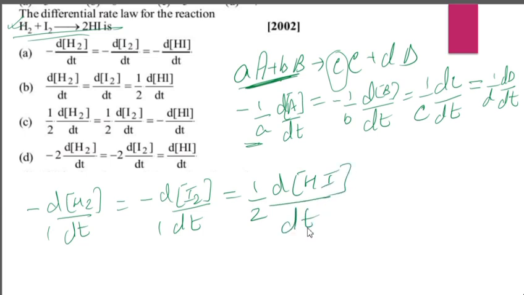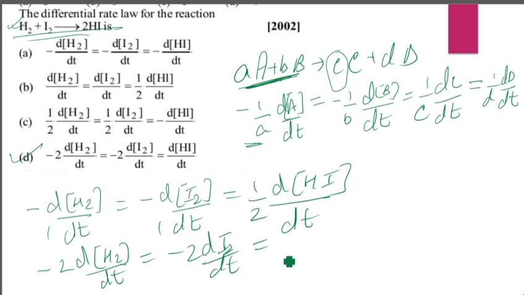Now see the options. Option number 4: we multiply all the three terms by 2. So it comes out minus 2 dH2 by dt equal to minus 2 dI2 by dt equal to 2 by 2, meaning 1, dHI by dt. So option 2 will be the right answer.